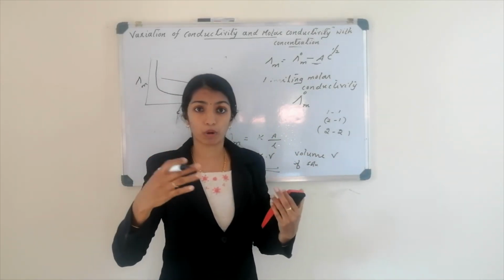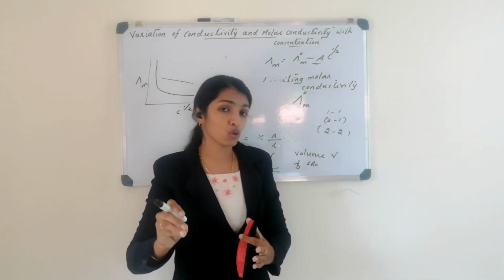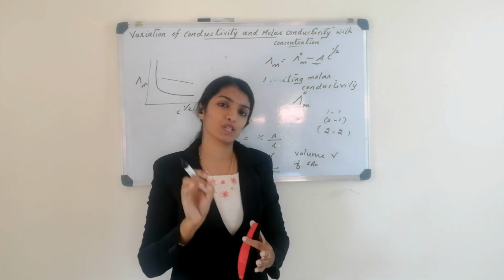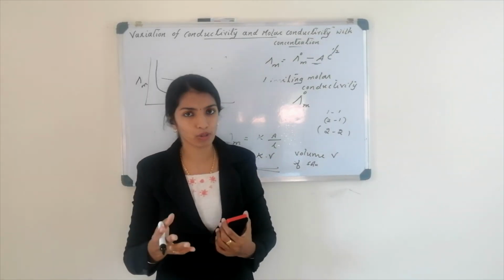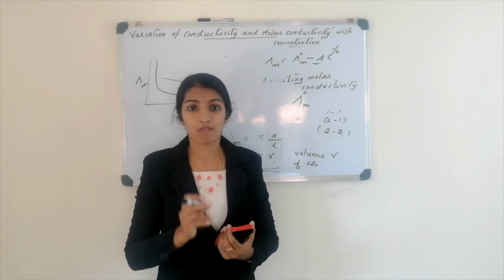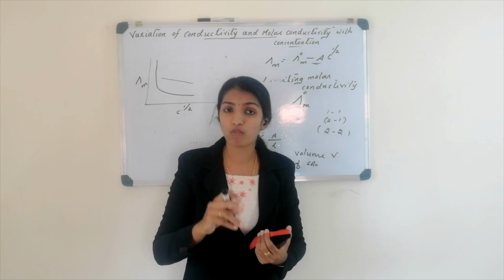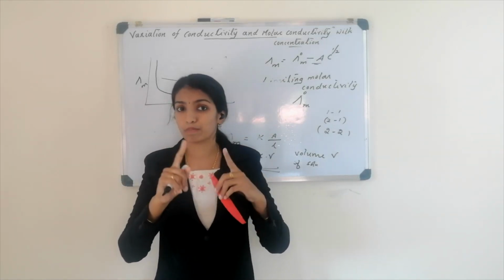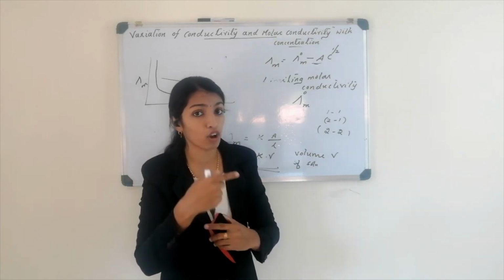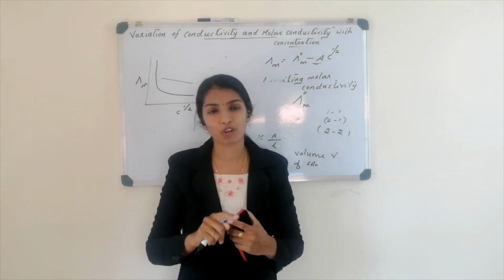Conductivity is the reciprocal of resistivity, and it is the conductance of unit volume of a solution kept between two platinum electrodes of unit length and unit area of cross section. Whereas molar conductivity is the conductance of volume V of a solution containing 1 mole of the electrolyte kept between two platinum electrodes, where the area of cross section is A, not equal to 1.